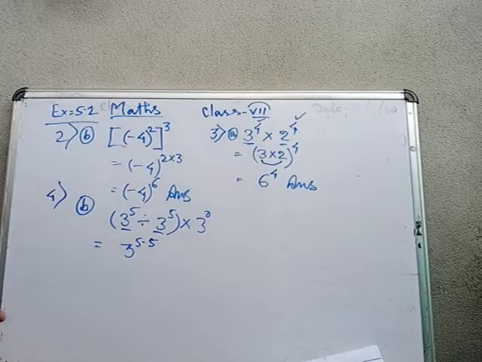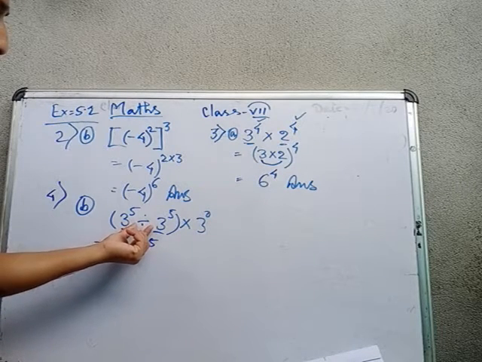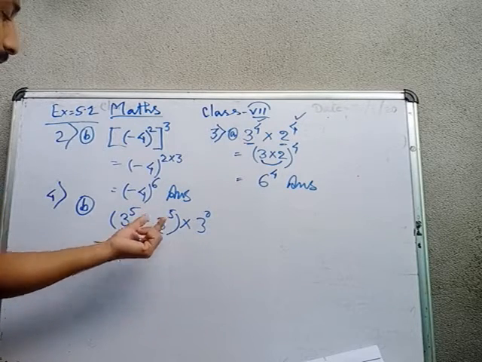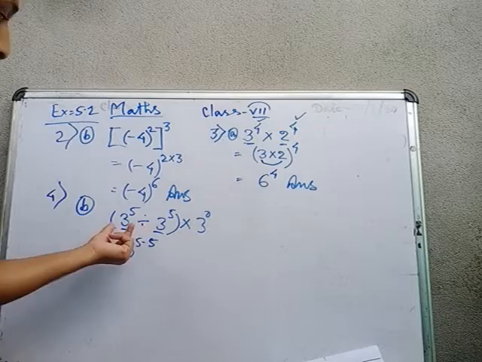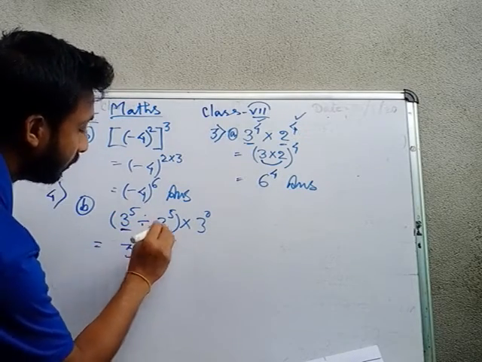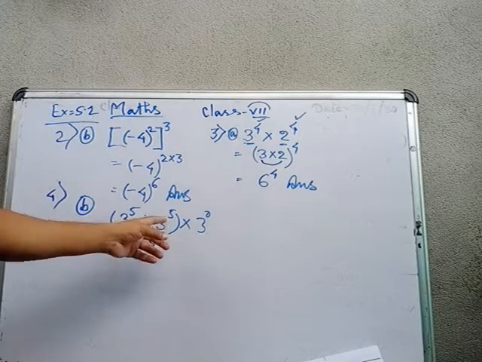If it is division time, on that time we should subtract the power. Here the base number is the same, that means 3 here and here also 3. We should subtract the power from this 5 to this 5.